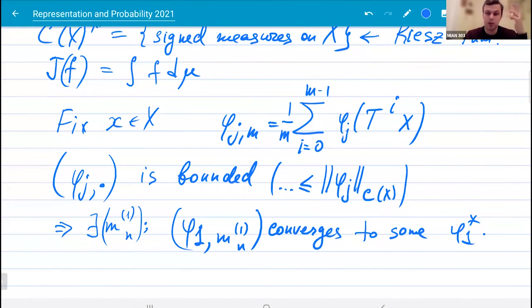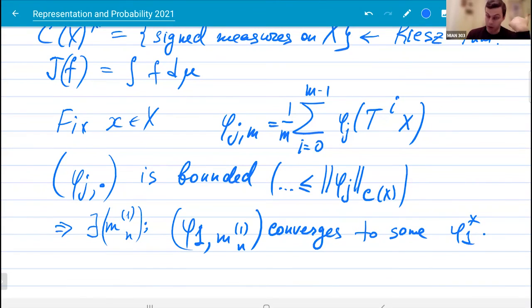So you take the first element from the first sequence, then the second element from the second sequence, and so on. Then, since on every step I go to a subsequence, for this diagonal all numbers except maybe a finite number are a subsequence of the corresponding sequence on each row.